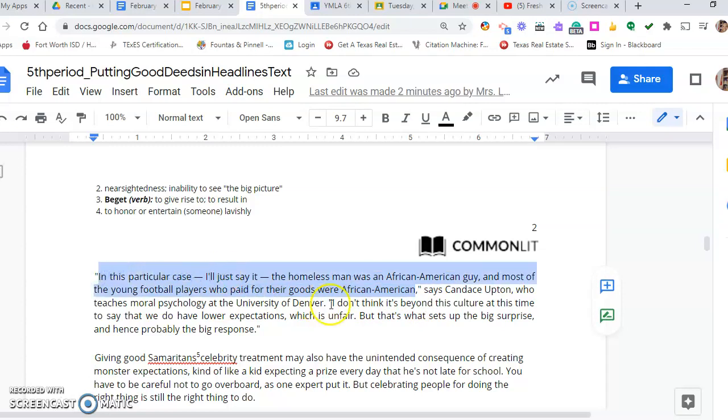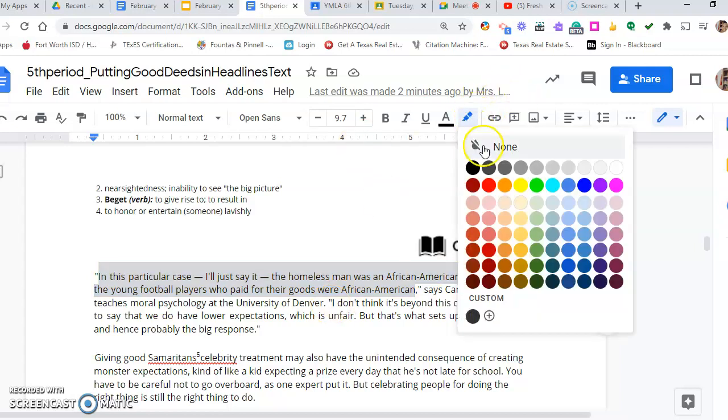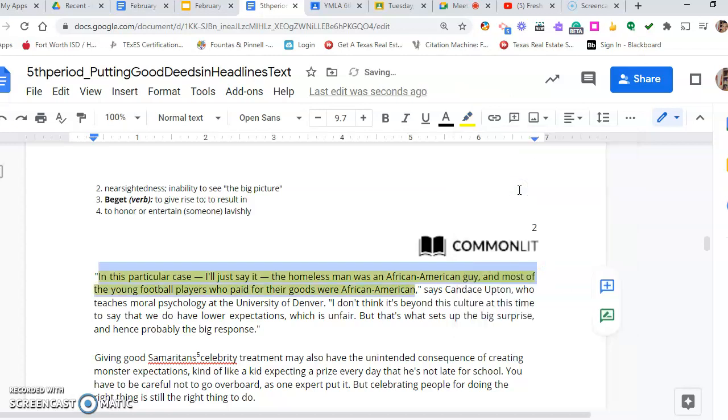So whether their race is not important, we all have an understanding of what is good and what's wrong. So the fact that they were African American doesn't help us understand it any more or any less.